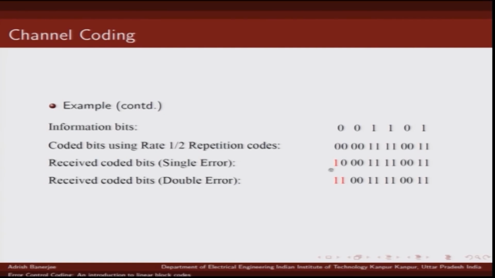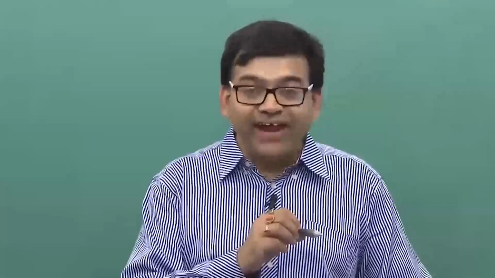So, we do not know whether the first bit got flipped to 1 instead of 0, or the second bit got flipped to 0 instead of being 1. So, this particular rate half repetition code cannot correct any errors. It can only detect single errors.